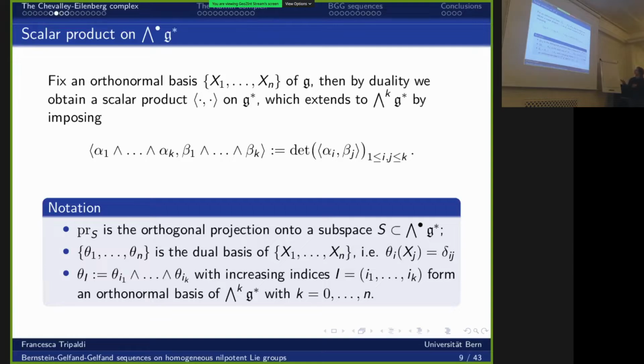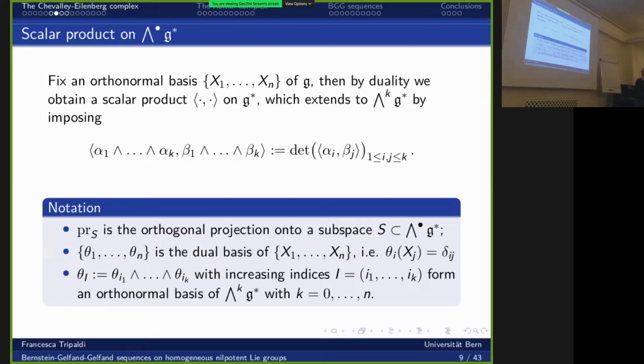Okay, so we also need a codifferential, so we're going to define this. We fix a scalar product on g, and by duality you have it on g star as well. Then you extend it to covectors in general. Just for the notation, we're going to use P_{R,S} as the orthogonal projection on a subspace.